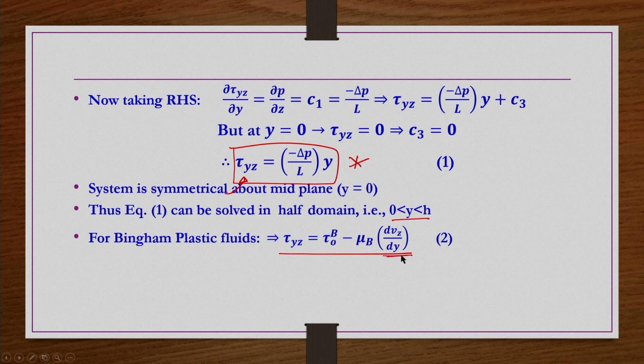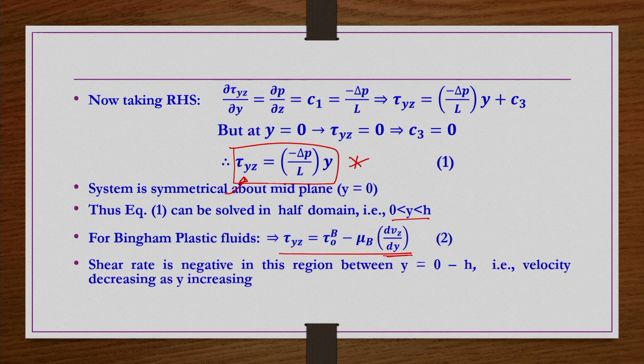For the same reason as before: from y equals hp to y equals h, as we increase y, the velocity decreases from the maximum, the plug velocity vzp, to 0 velocity at the top plate located at y equals h. As we increase the y value the velocity decreases, which means the shear rate is negative. That is the reason we have the minus here.